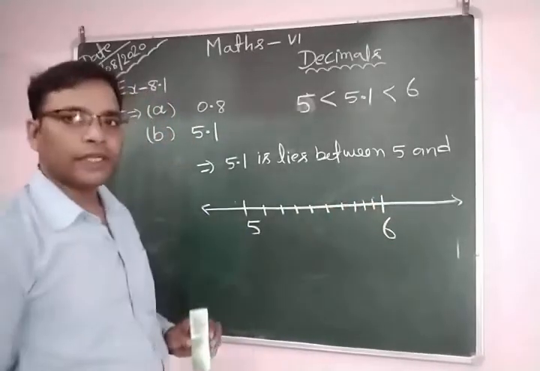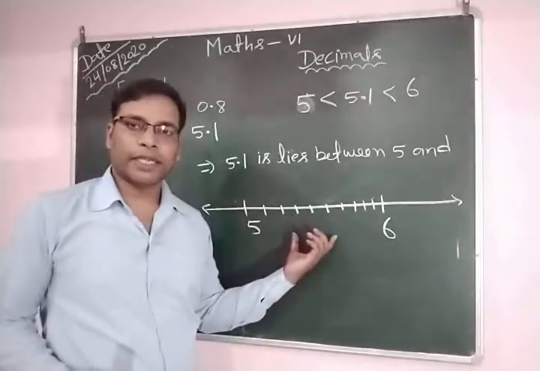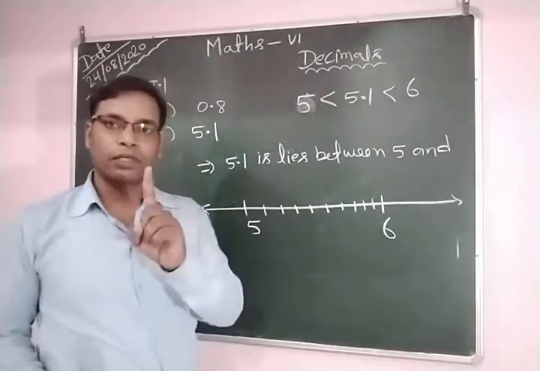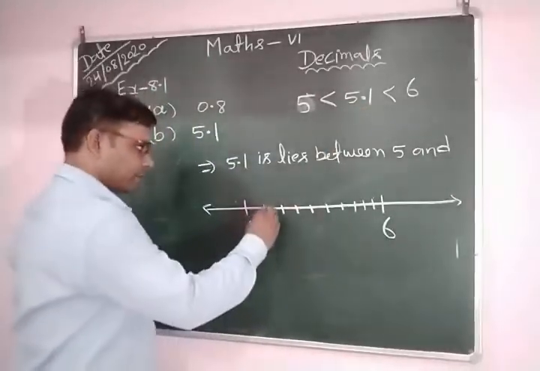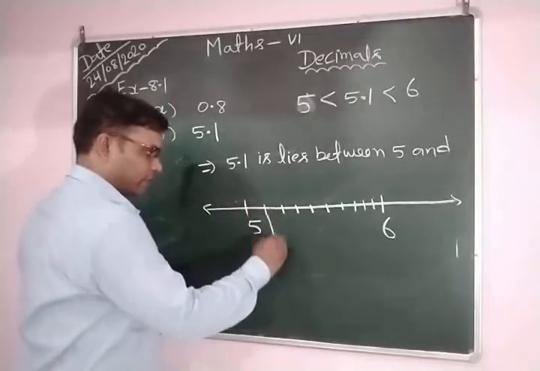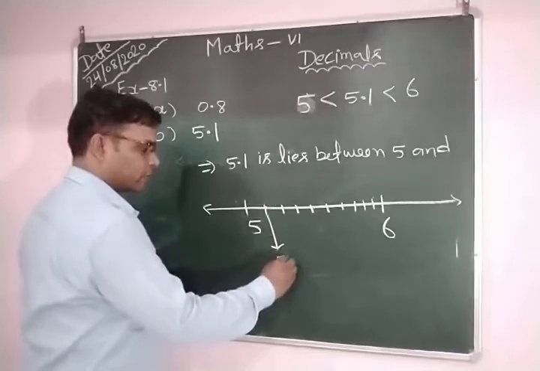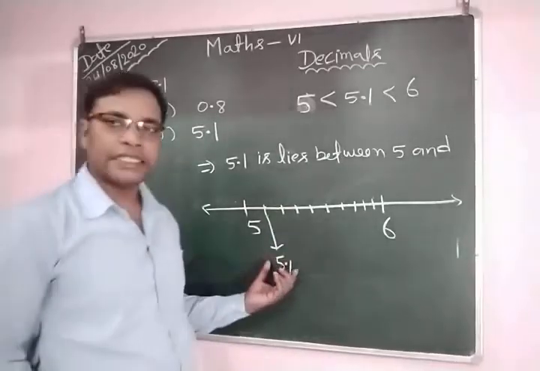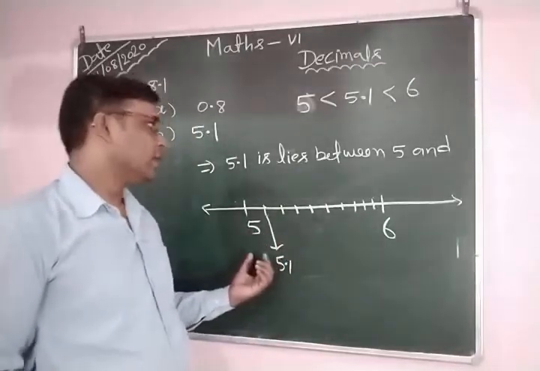We take one part, because we have 5.1. This part is 5.1. Okay, so you can see 5.1 is nearest to 5.